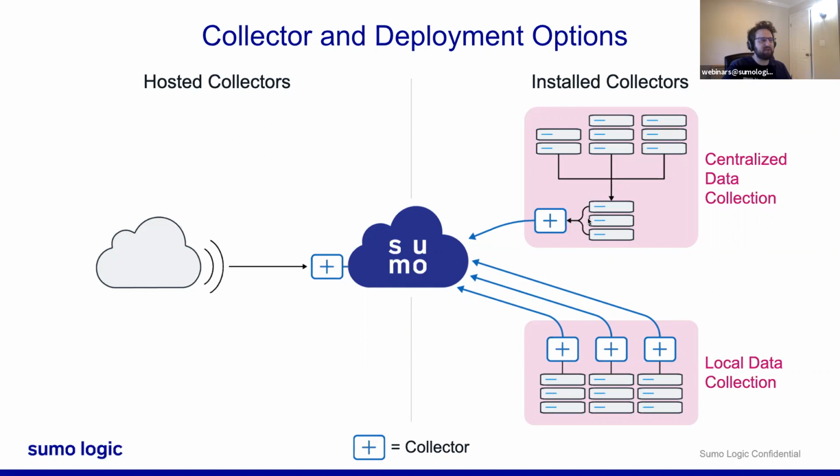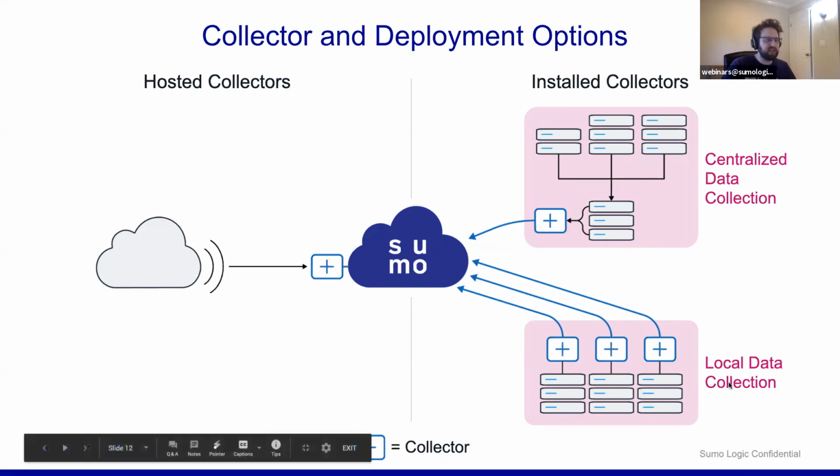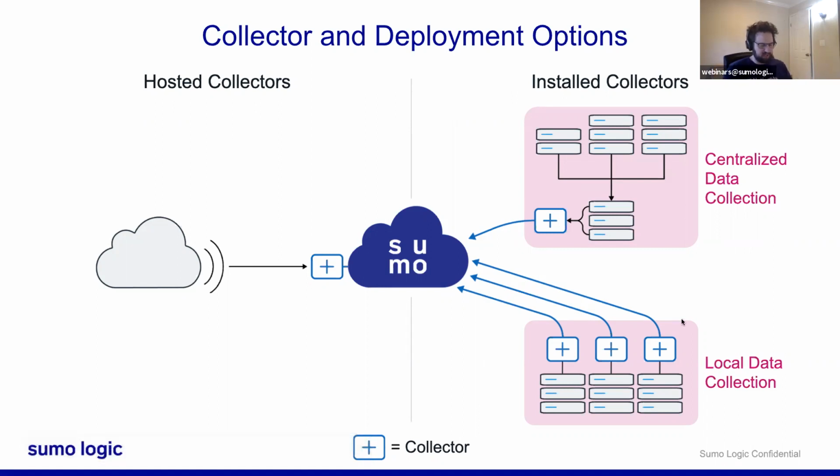So that's one method of having your data reach a centralized application, if you will, and then that application sends over to Sumo Logic. The other variation on that is local data collection. What would occur here is the collector would be installed on each device, and then those devices on their own would connect to Sumo Logic and the data would be collected.